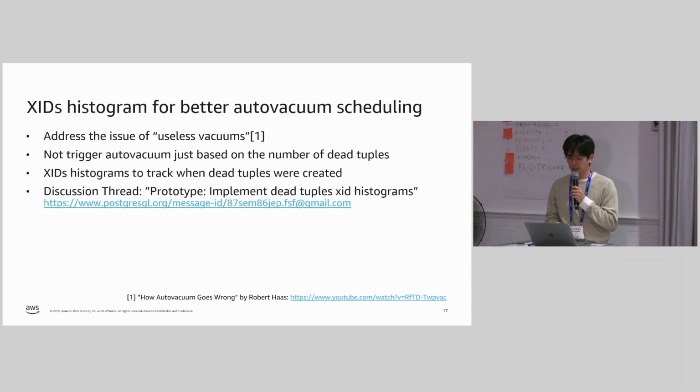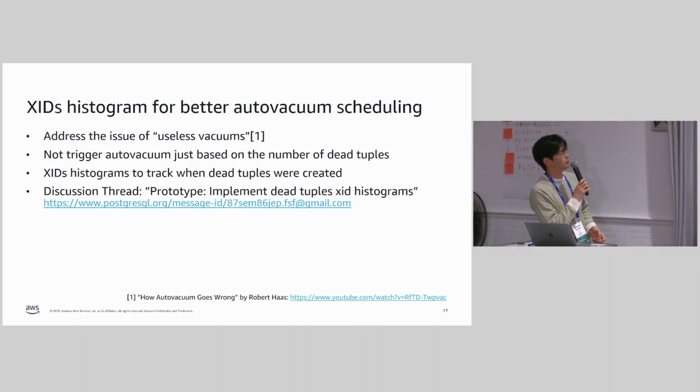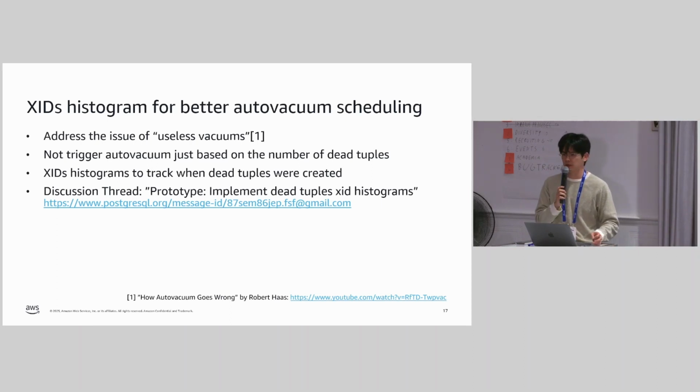For instance, right after many dead tuples are created, if a replication slot, a prepared transaction, or a long-running transaction holds an older xmin, we might not be able to remove any dead tuples. So this idea is to address this kind of issue, mentioned as useless vacuum in Robert's presentation last year.